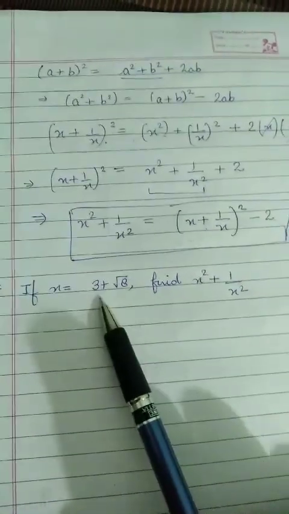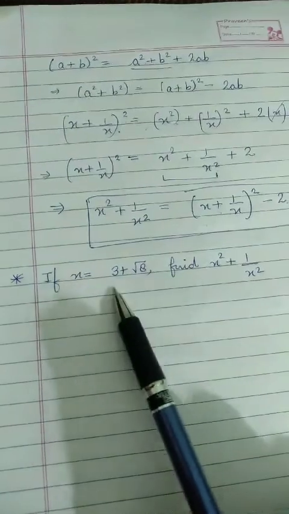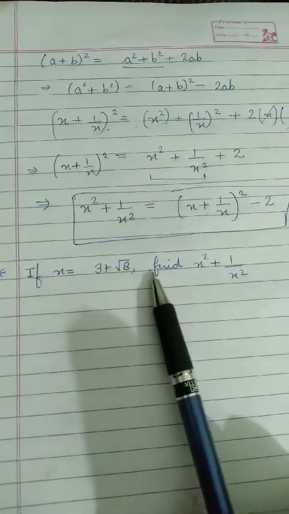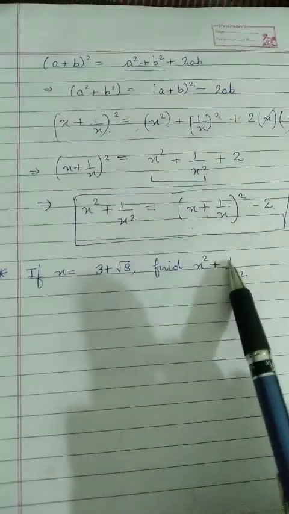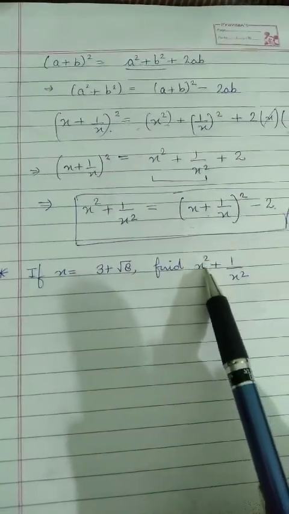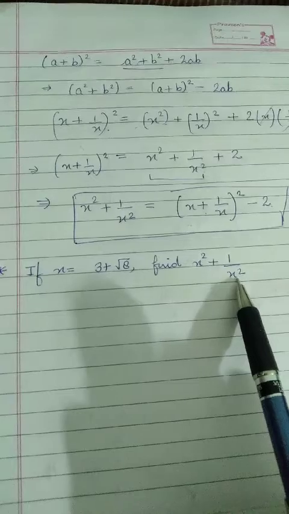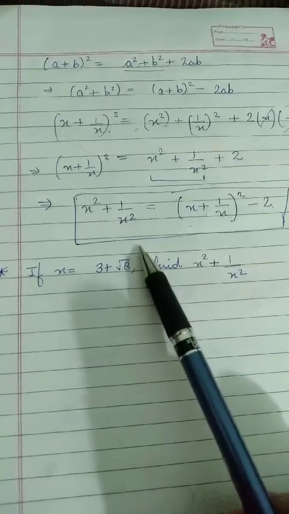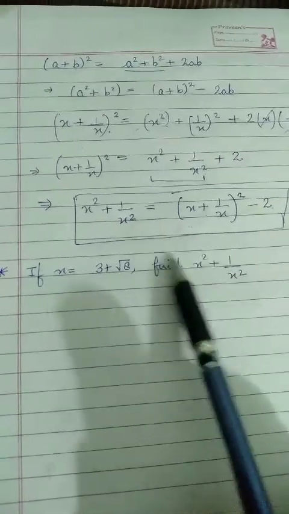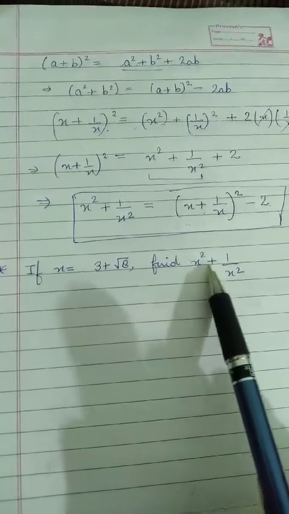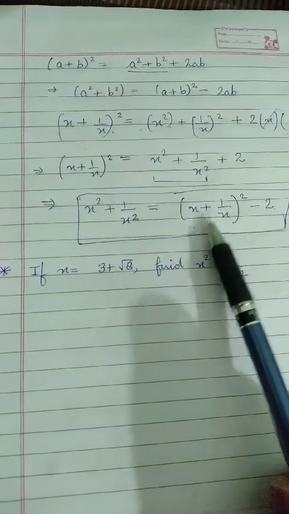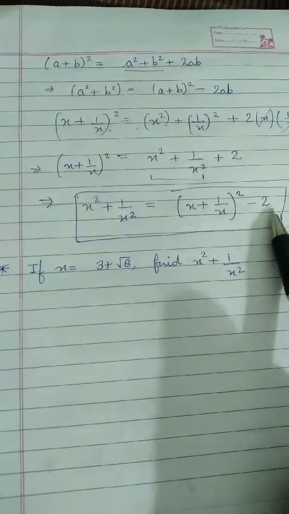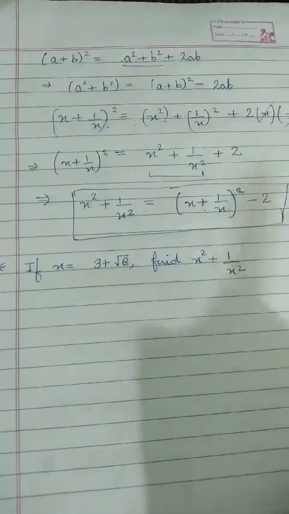Here also the first thing is to find the value of x plus 1 by x, which we can do easily with the help of rationalization. Later, to find the value of x square plus 1 by x square, we'll use the identity of a plus b whole square, and express it as x plus 1 by x whole square minus 2.